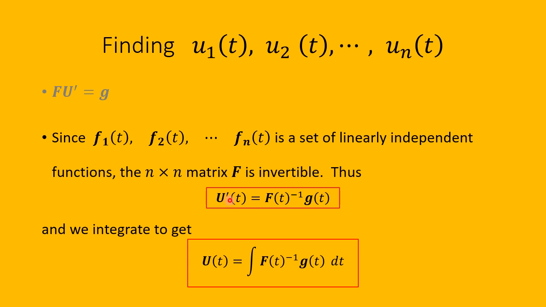So this column vector equals this square matrix times this column vector. To find u of t, whose components are these functions up here, we just integrate this. u of t is the integral of u prime of t, so u of t is the integral of this stuff over here, the integral of F of t inverse times g of t dt.